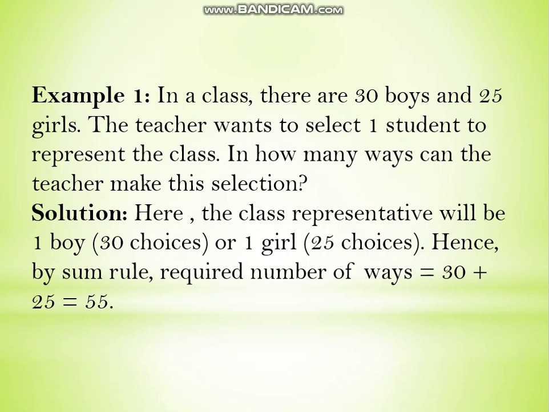The same example of 30 boys and 25 girls gives a big difference: in the first we did 30 into 25, and in the second, where the teacher wanted to select just one boy or one girl, she has fewer choices, that means 30 plus 25.